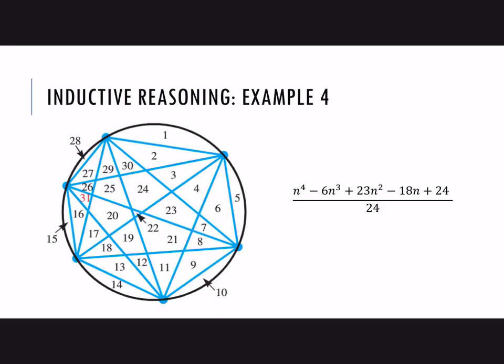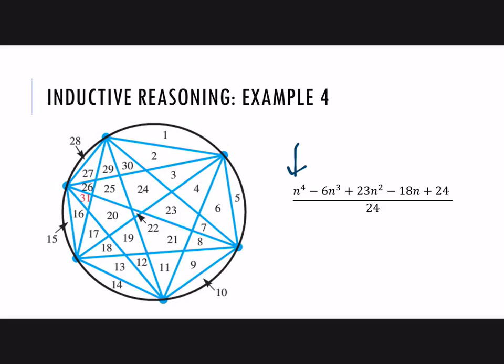It actually turns out that no matter how you draw these points and these chords, you only end up with 31 different regions. And this is kind of cool because even though that really nice pattern didn't quite work out for us, there actually is a pattern to this. So here's a formula to calculate the number of regions in the circle based on how many points there are. n would be the number of points.